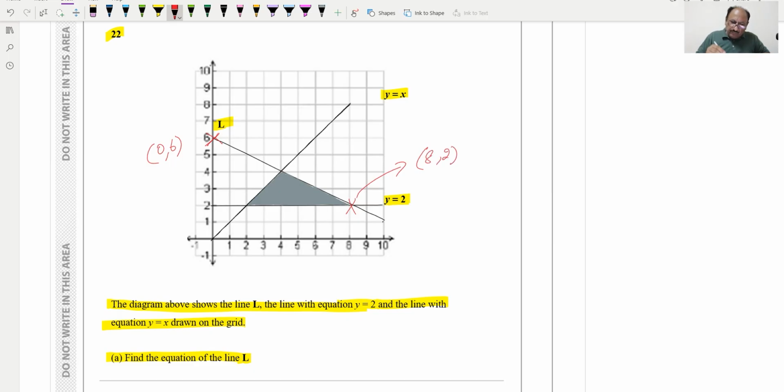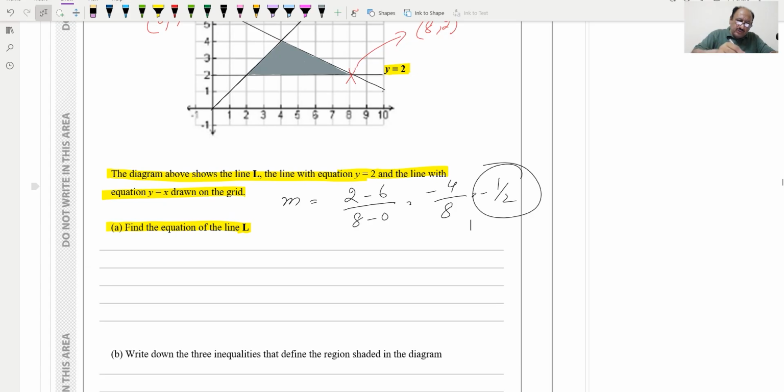Now we can find the gradient, and the slope m will be equal to y2 minus y1 over x2 minus x1, which is equal to minus 4 over 8, which is equal to minus 1 by 2. This is the gradient. Now after finding the gradient we can use the equation of a line in point slope form.